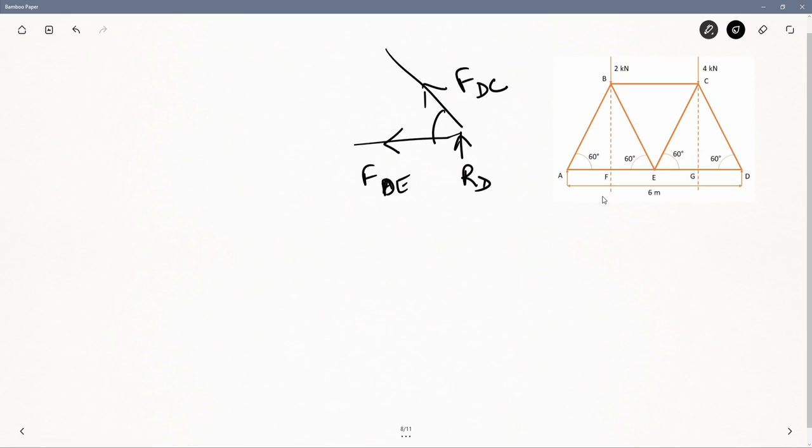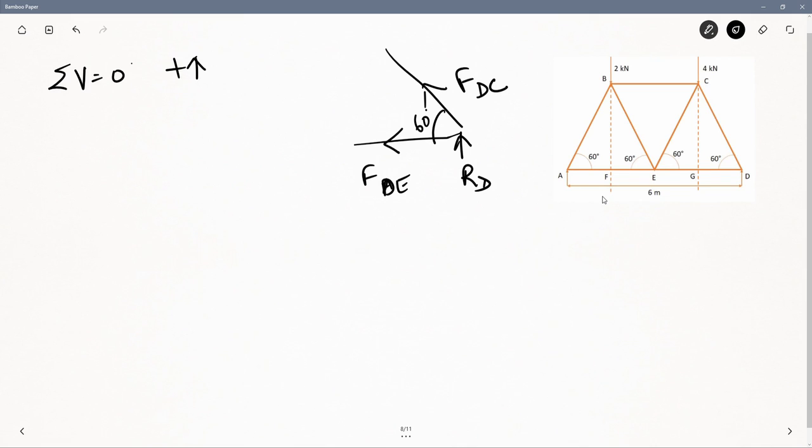The angle between the members would be 60 degrees. Here again I assume the member forces to be tensile in nature, and that's why they are acting away from the joint. Now I use the equilibrium equation, summation of all vertical forces equal to 0, assuming that all the forces acting upwards are positive.